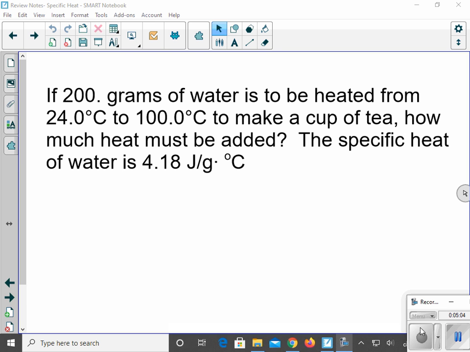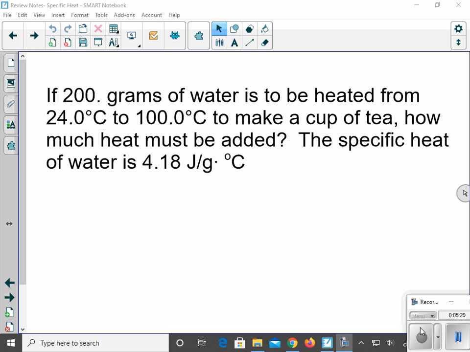The problem states if 200 grams of water is to be heated from 24.0 degrees Celsius to 100 degrees Celsius to make a cup of tea, how much heat must be added? The specific heat of water is 4.18 joules per gram times degrees Celsius.